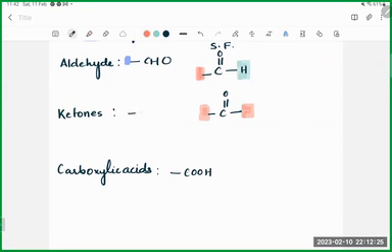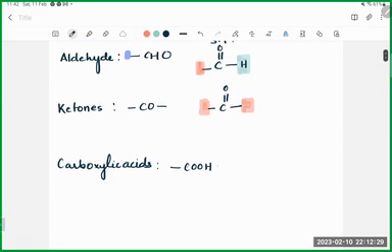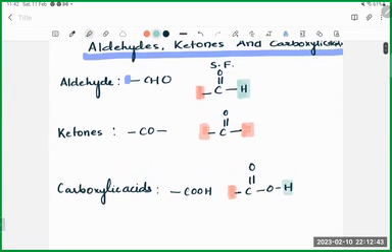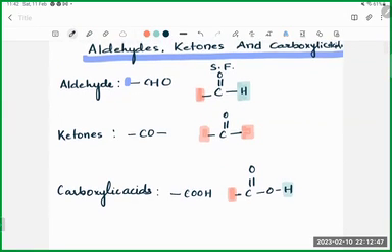Same way, the structural formula will be C double bond O, and O with a single bond to H. Over here we also have one alkyl, and this contains one hydrogen. These are the overall symbols.